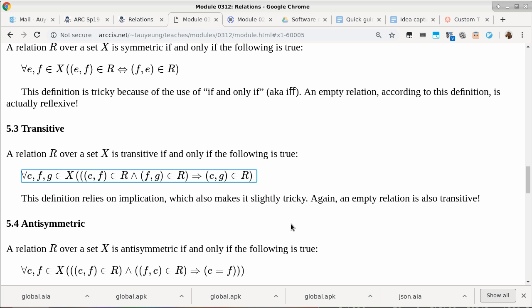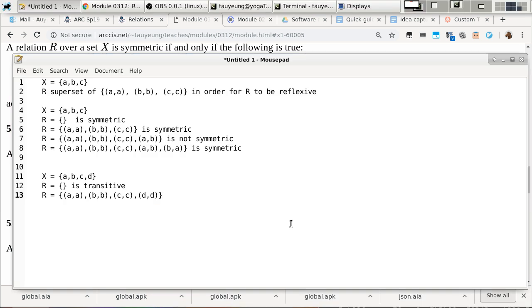So let's see what the next example is, whether it is transitive or not. So this is transitive. When I say "is transitive," I'm not saying it is only transitive. I'm simply saying that it is also transitive. Okay? So do not misunderstand this statement.